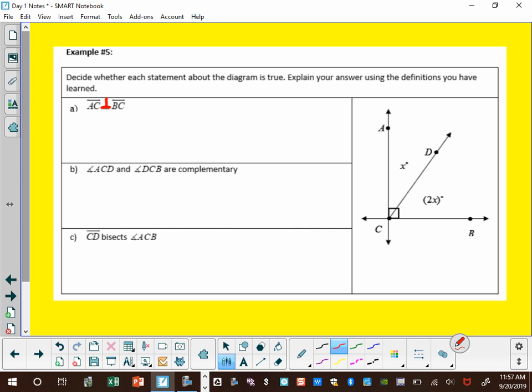What does this symbol mean? We talked about it briefly last class. Perpendicular, it's a long word. Okay? That's what that means. So it says line AC is perpendicular to BC.